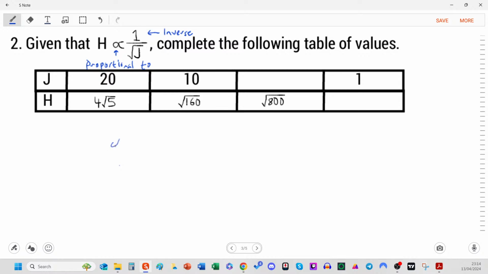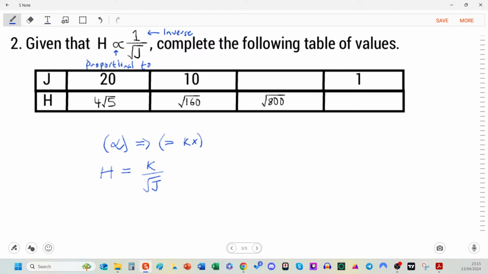The proportional sign can be replaced with equals and a times k. So h is inversely proportional to root j can be written as h equals k over root j.